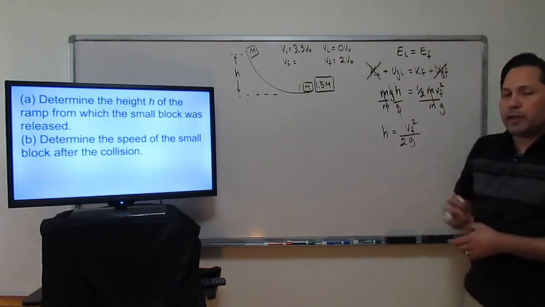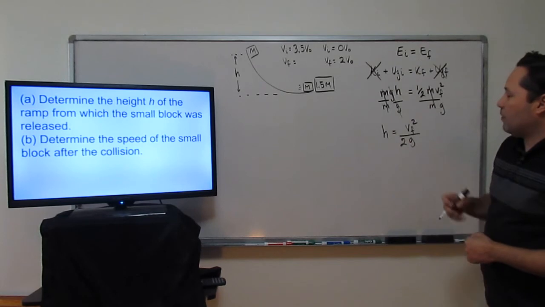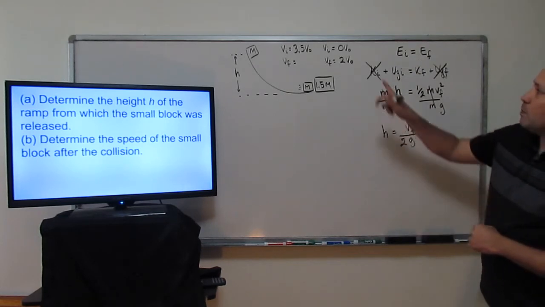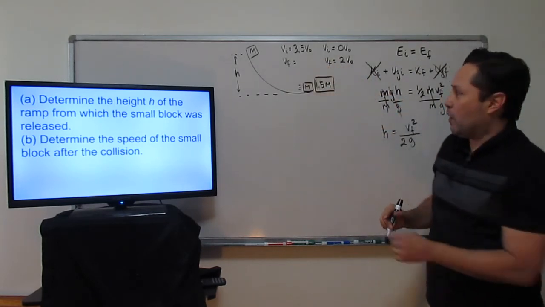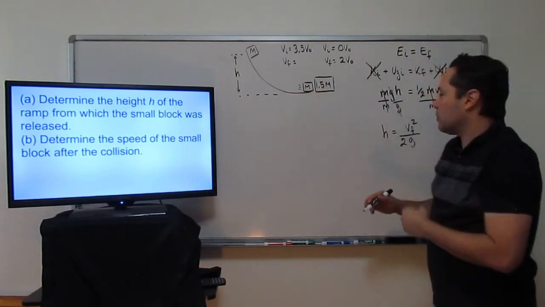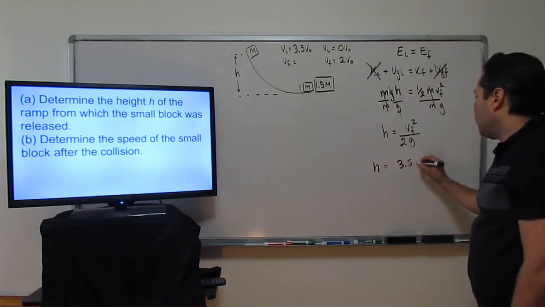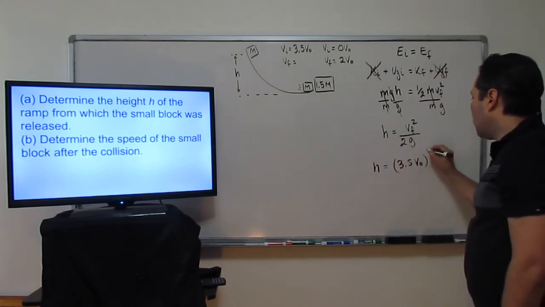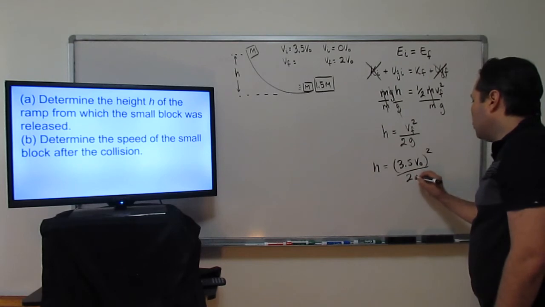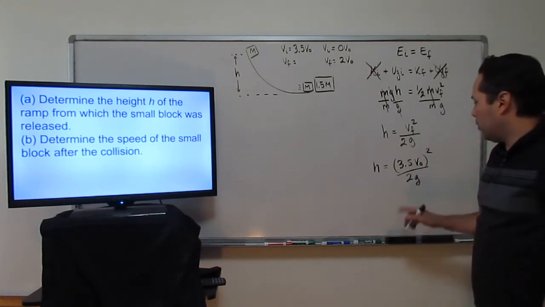So it's our formula. But again, they want it in their units. G is fine, but velocity final squared should be 3.5 VO, because that was the velocity of the block the instant before it collides. So I'm going to replace that: (3.5 VO) squared over 2G. There's our formula. Could we simplify it further? Sure we could.